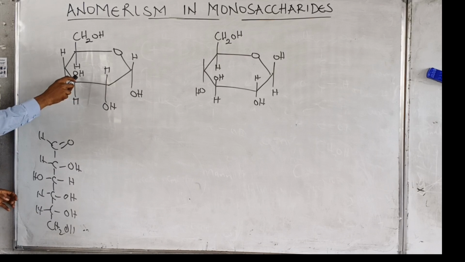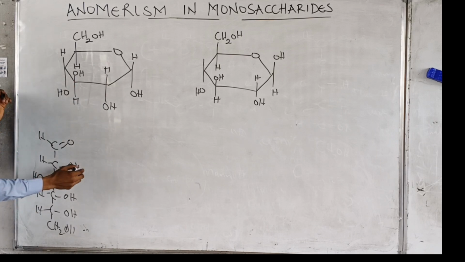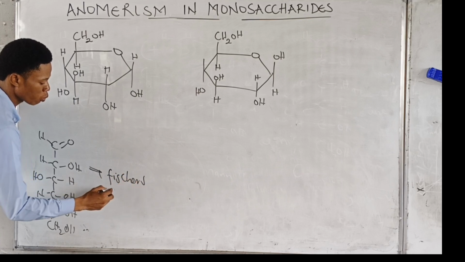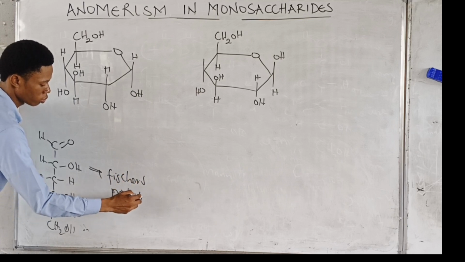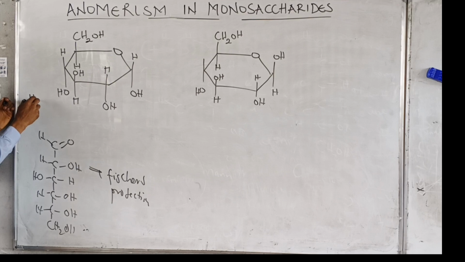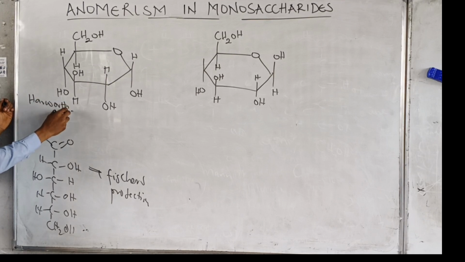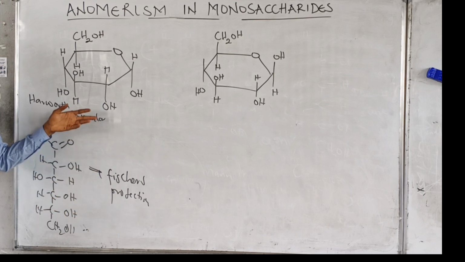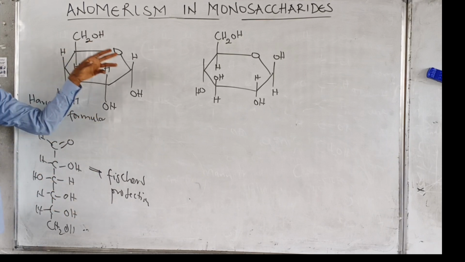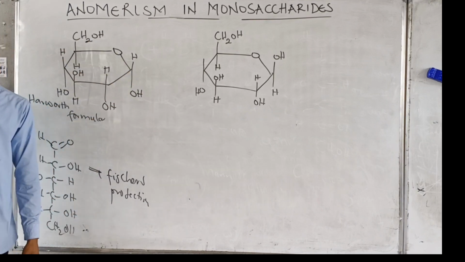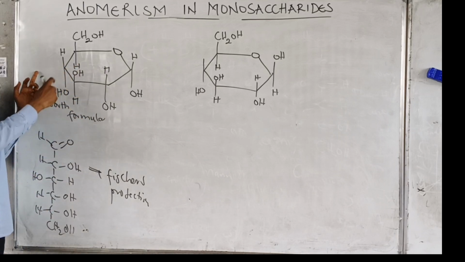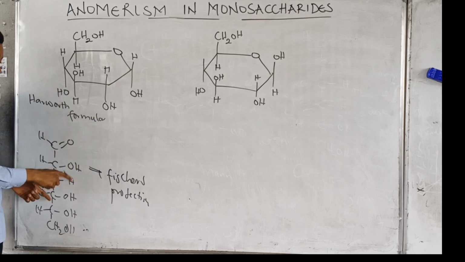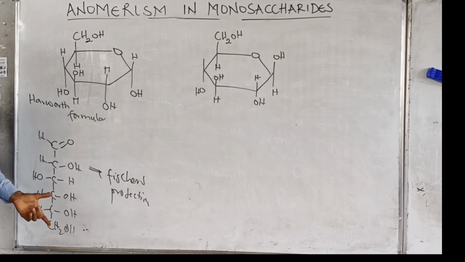While this one is the cyclic form. This straight chain is called the Fisher's projection, while this is the Haworth formula. Now, anomerism in monosaccharide is only observed in the Haworth formula, the cyclic form. Are we following? Anomerism is not seen in the Fisher's projection.